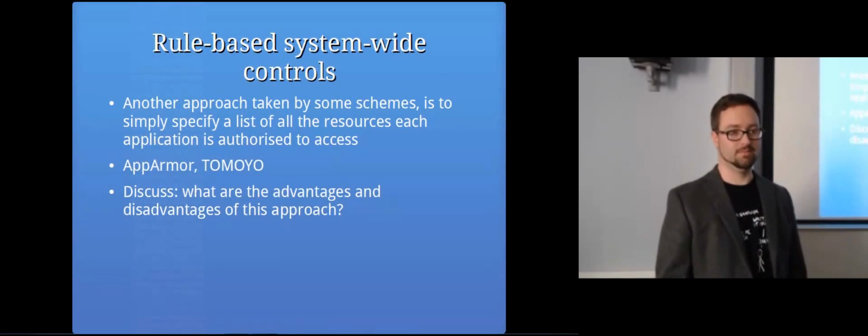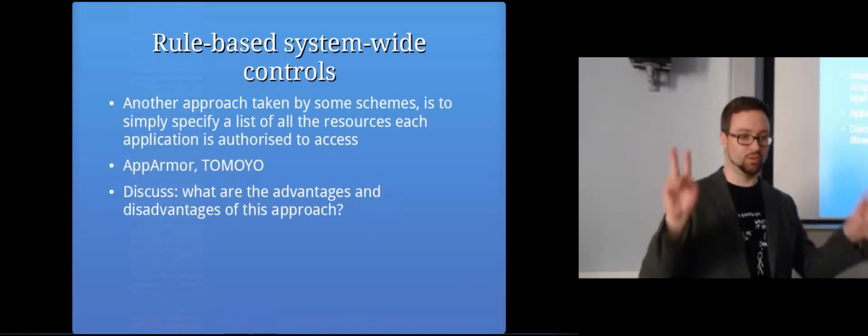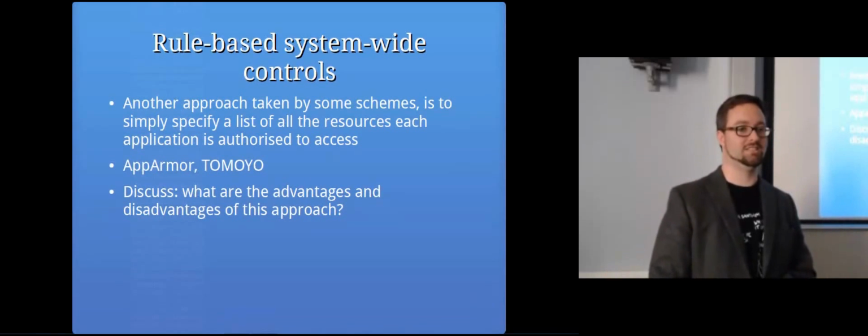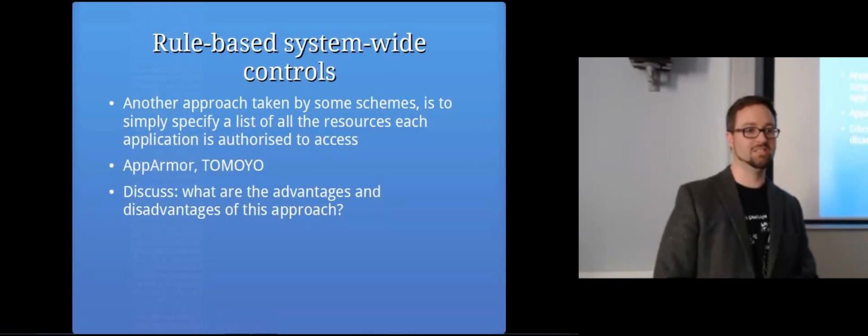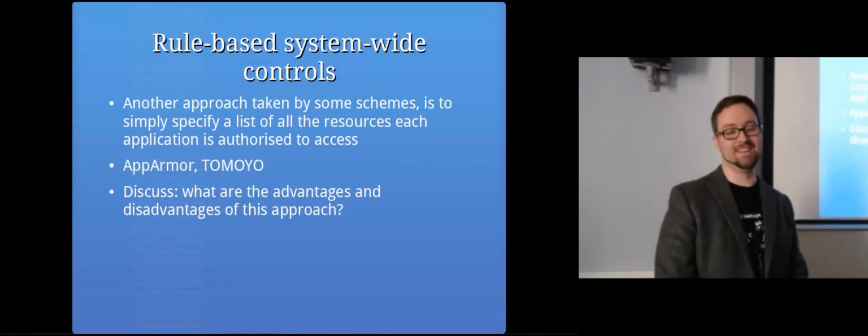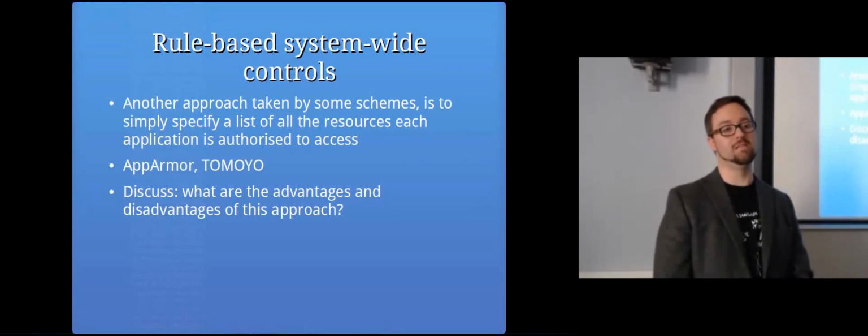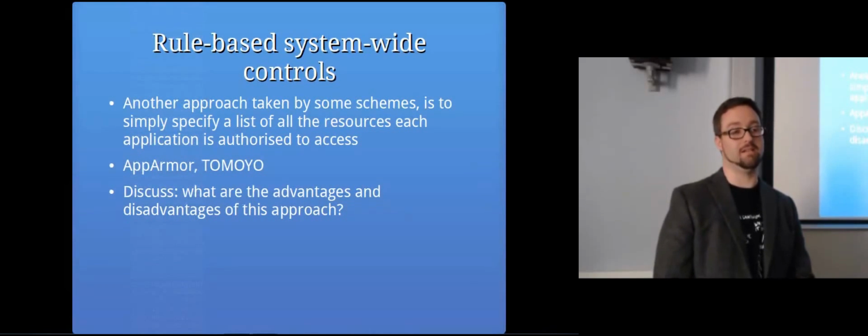But it's something that a mere mortal can use. Their catchphrase is something like mandatory access controls for mere mortals. So as a human being, you can actually configure AppArmor and create something that was probably more secure than if you didn't have AppArmor.